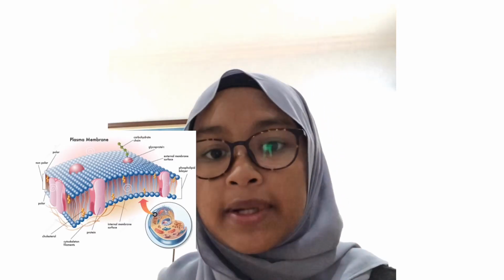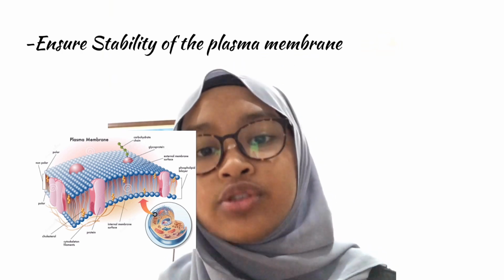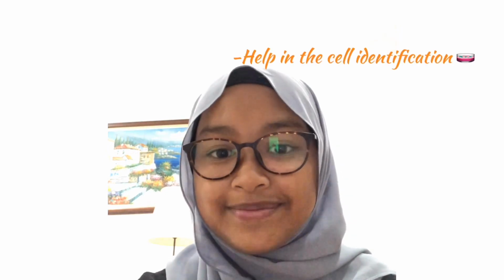Next, one type of lipid is glycolipids, which are also important to ensure the stability of the plasma membrane, and they help the cell identify bacteria and pathogens that get into the cell. Lastly, we have cholesterol, which is also important in steroid hormone synthesis.